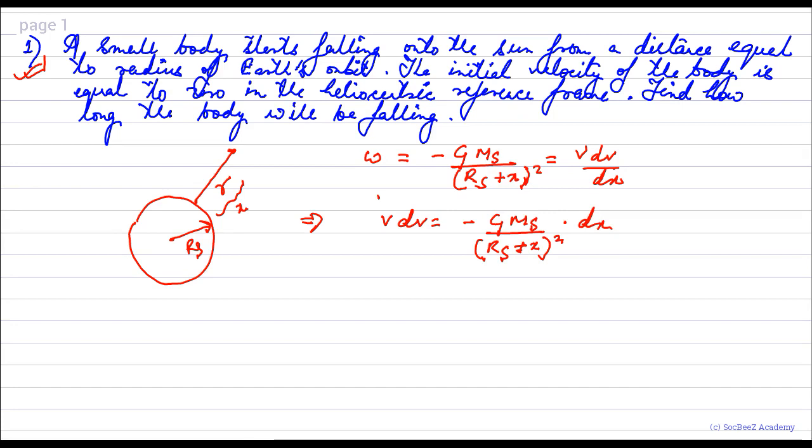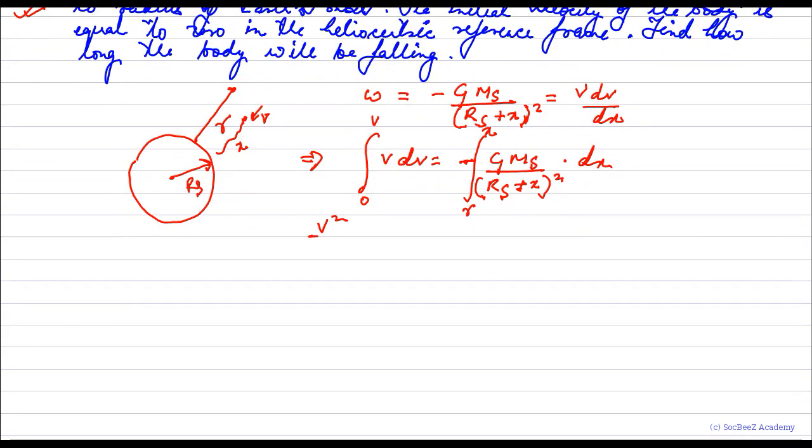Now if I integrate this expression from r till x, and this should be from 0 to v, where v is the velocity of this particle at this particular point, I'll get my expression as v square by 2 equals G Ms into 1 upon (Rs plus x), from r to x.